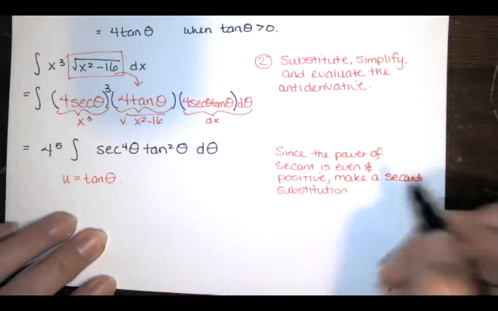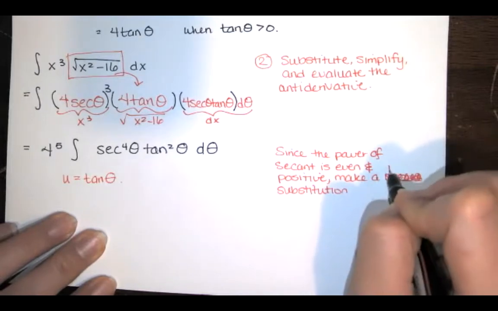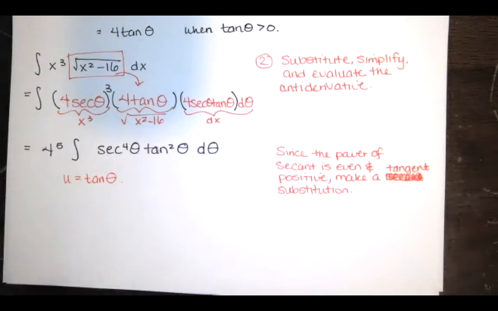Or I said make a secant substitution, I'm sorry. So make a tangent substitution. And if you read more on that guidelines sheet, it will tell you what to do from there.